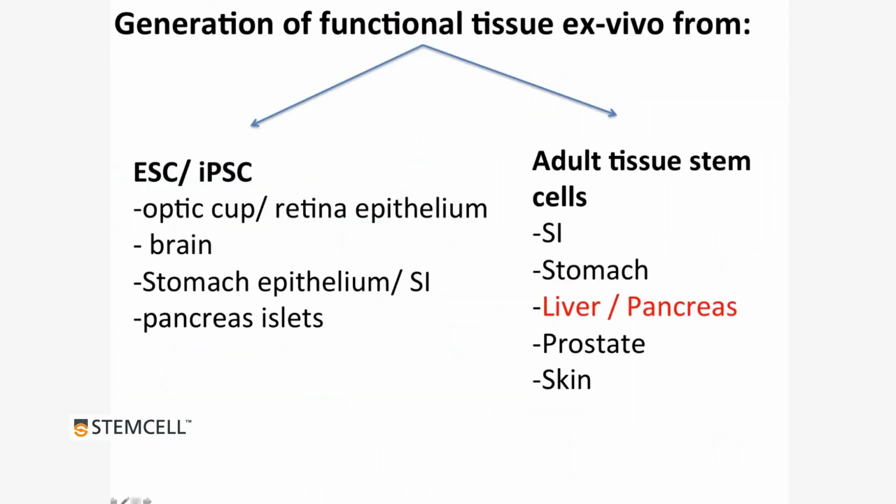In our case, I'm going to center my talk today on what we described as organoid cultures starting from adult tissues, and I'm going to center that on liver and pancreas.